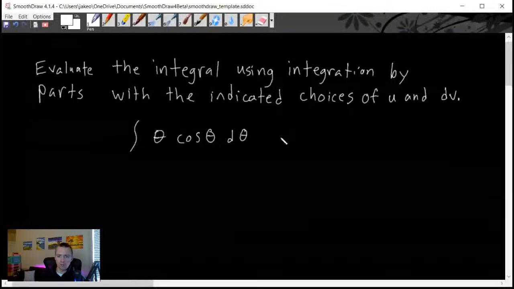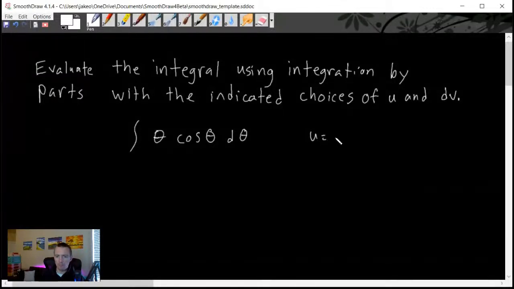And it tells us right next to it that we're going to use u equals theta and dv equals cosine theta. Technically you do want the d theta on there as well.